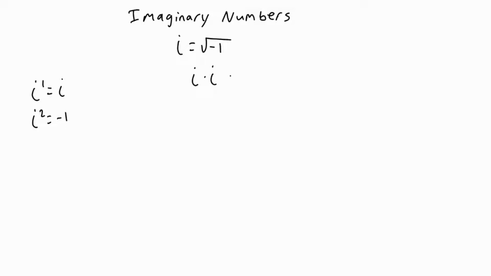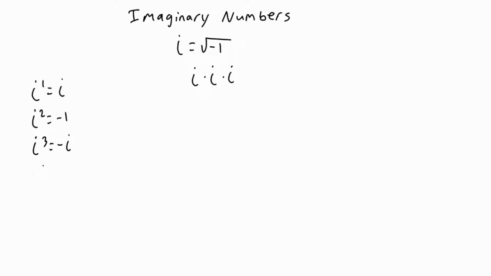Now, let's say we have i cubed. Well, that would be i times i times i. The first two i's give you i squared, and then times i. Well, i squared is negative 1, and so negative 1 times i would give you negative i.